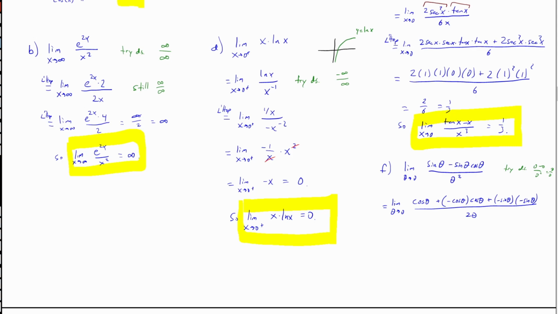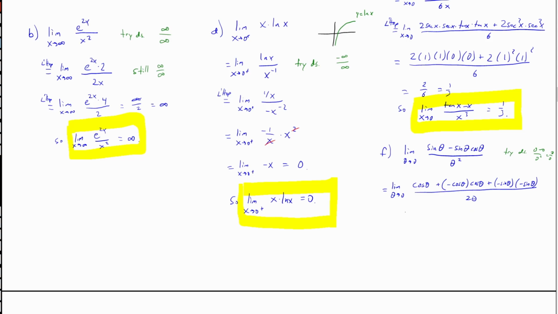And in the denominator, the derivative of theta squared is 2 theta. Okay, so now we have the limit as theta goes to 0, cosine theta. Here I have cosine times cosine, that's cosine squared, sine times sine is sine squared, but one of them is negative and one of them is positive. So I have minus cosine squared theta plus sine squared theta.